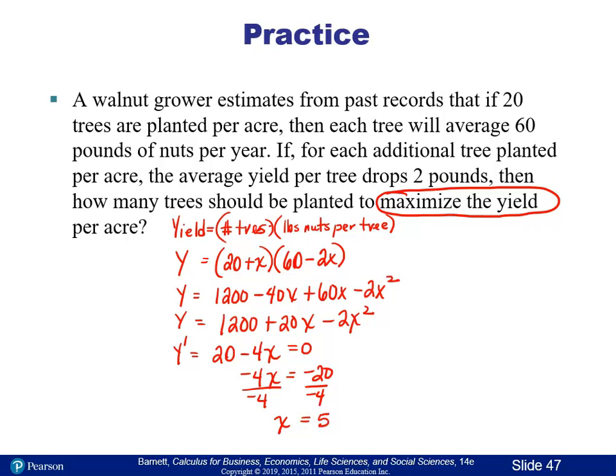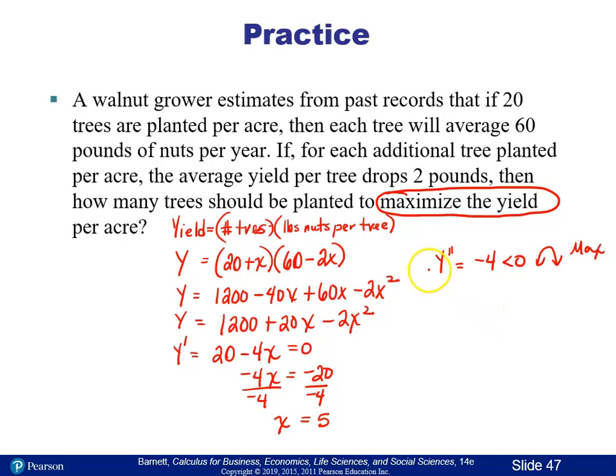Basically we're saying that if we plant 5 additional trees, that gives us our maximum yield per acre, with the offset that occurs when you plant an additional tree. If we look at the second derivative, it's just -4, and so it is in fact a maximum.